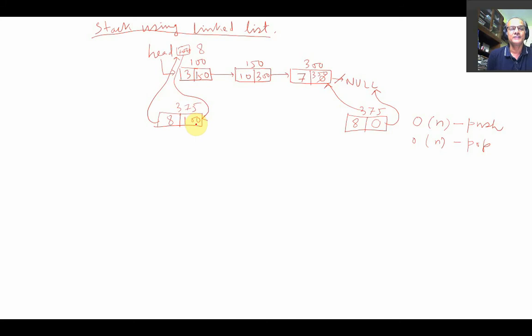This 100 will be stored here first, and then 8 will be copied here. Now head will point directly to 375 and it will point to here. What is the complexity? The complexity of this push operation is big O of 1.